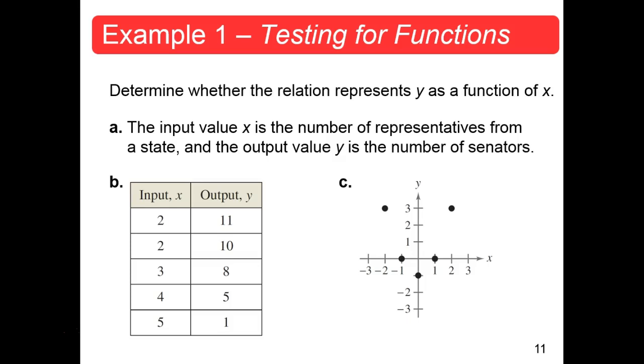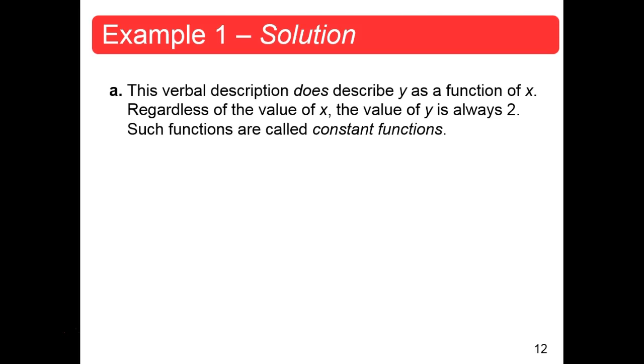So you see, not a function. Make sense? Okay. So this indeed is a function. And you already identified the domain and range. Y'all are good. Now, the first one, the verbal description, does describe a function of x. Regardless of the value of x, the value of y is always 2. Okay? That's called the constant function. Never deviates. Okay?